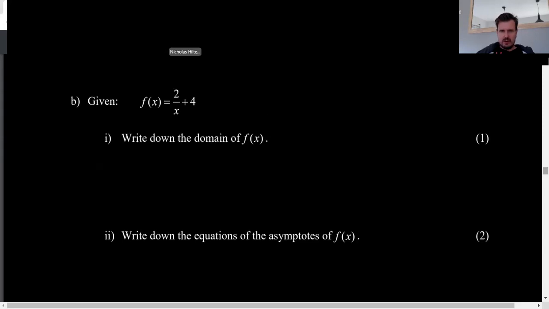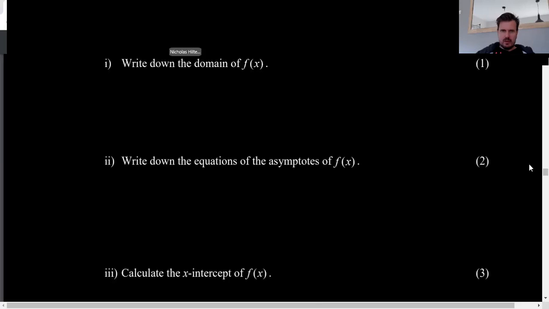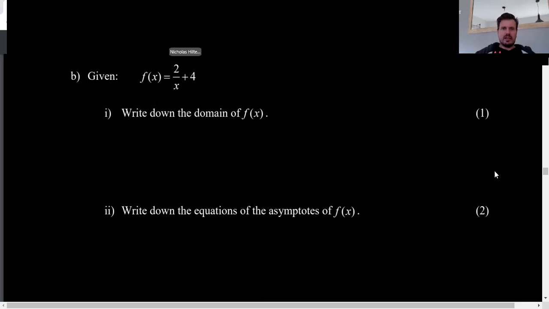Very good. Let's say you're given this function. We can see that this is a hyperbola.